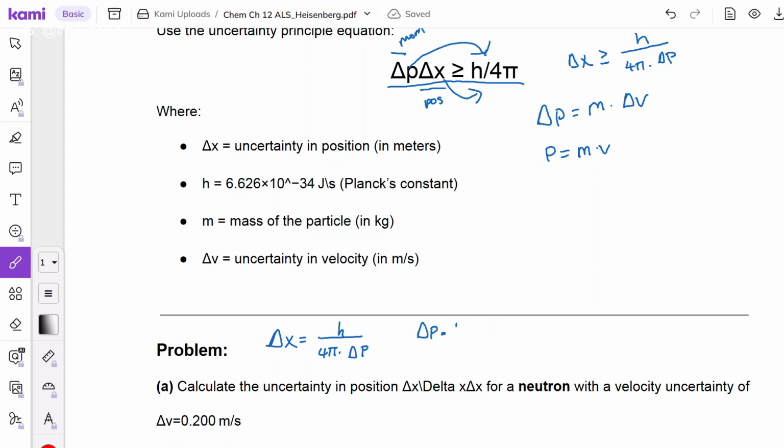It's equal to the mass times velocity, where the mass is 1.675 times 10 to the negative 27 times the velocity, which is 0.200. Remember the units: you multiply kilograms by meters per second, so the answer will be given in kilograms times meters per second.